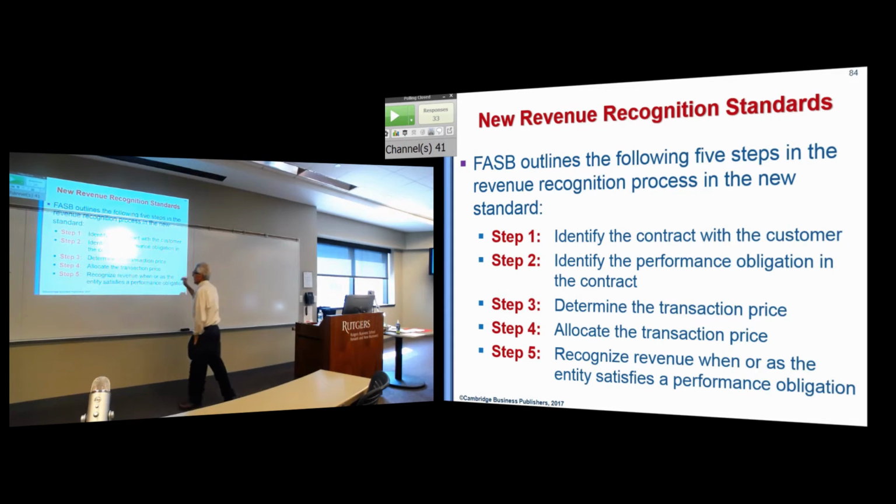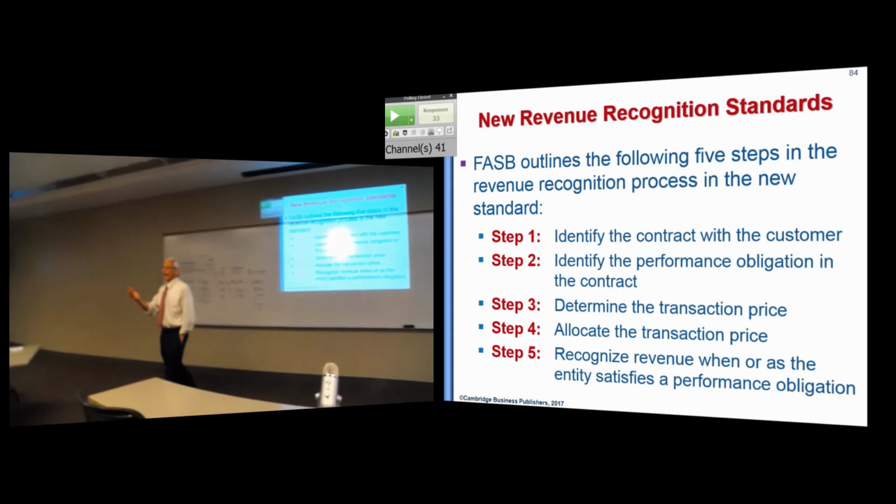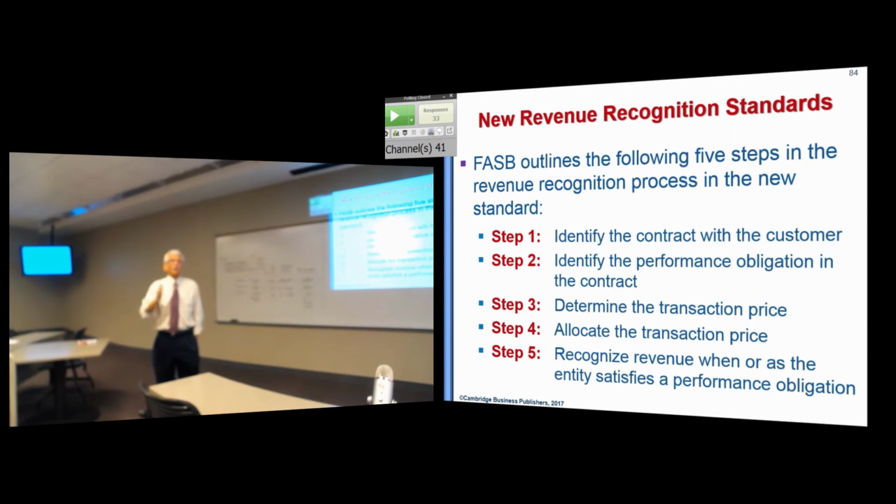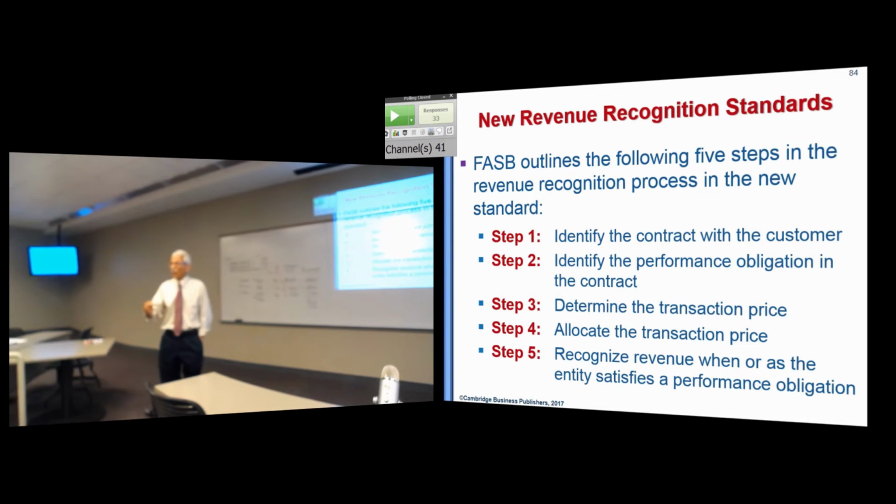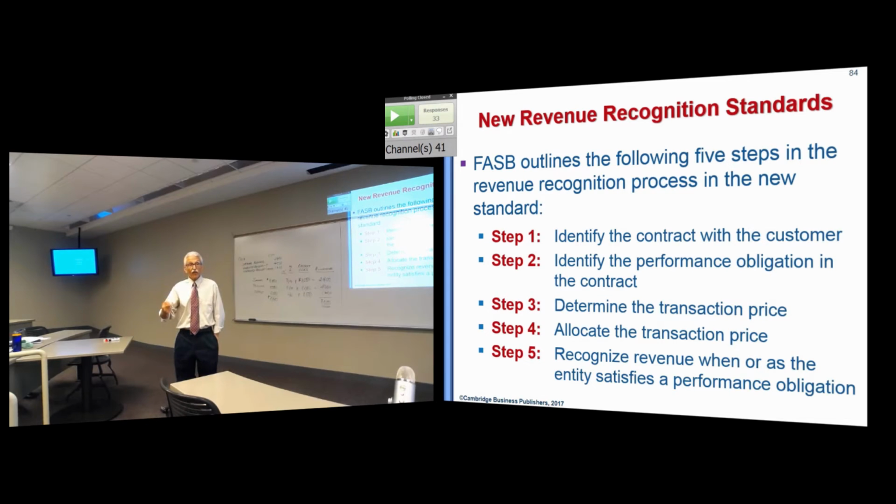Then, once you do that, you got to determine the transaction price. And you say, well, you gave me the contract. That's pretty straightforward. But as we'll see next semester, it's not always that simple. Sometimes there could be variable compensation. So that if, as I said, if you install the software within 6 months, I'll give you another $1,000, make the contract 9.